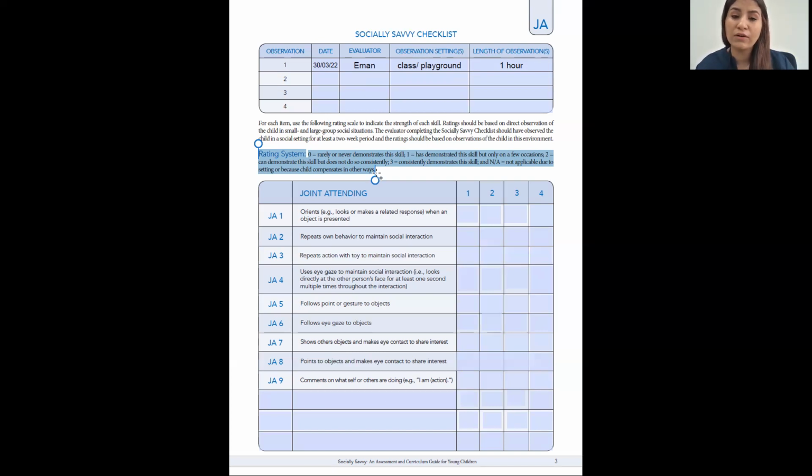We're looking as well for the consistency of this skill. Now, number 3 is consistent. They demonstrate this skill all the time, so there is no need to teach it. Basically, what we call mastered, in their skills, in their repertoire. So no need to teach it.